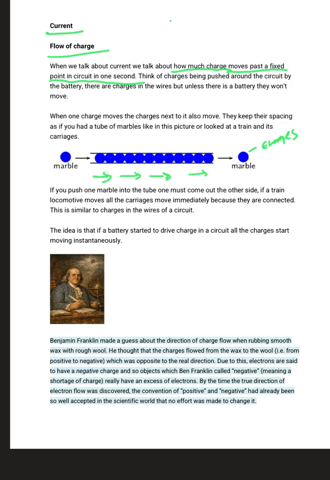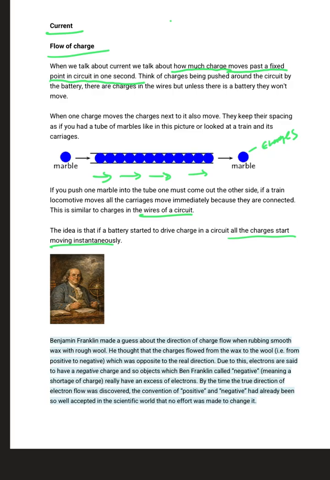This is similar to charges in the wires of a circuit. If a battery starts to drive charge in a circuit, all charges start moving instantaneously. Instantaneously just means immediately, or with immediate effect.